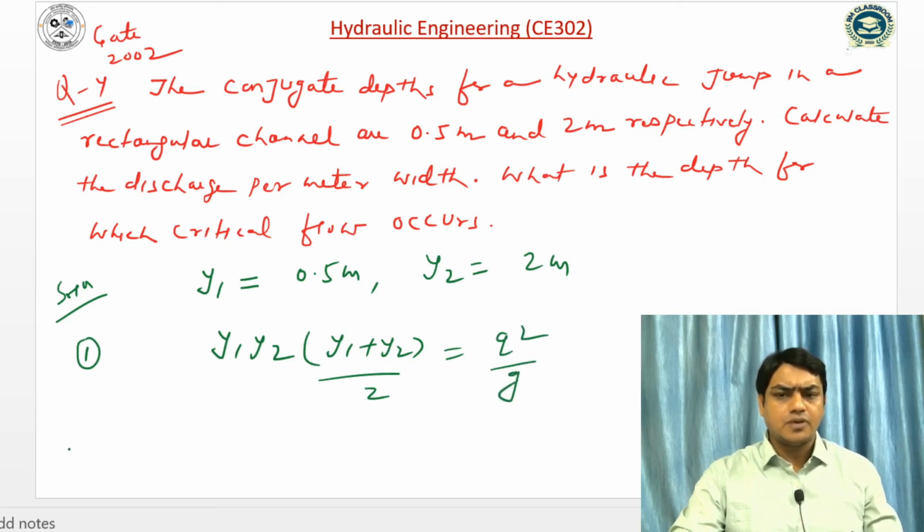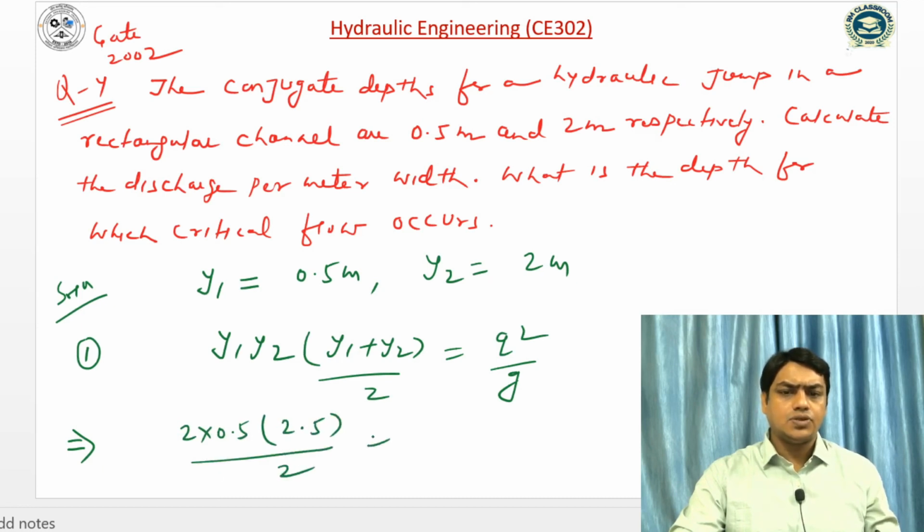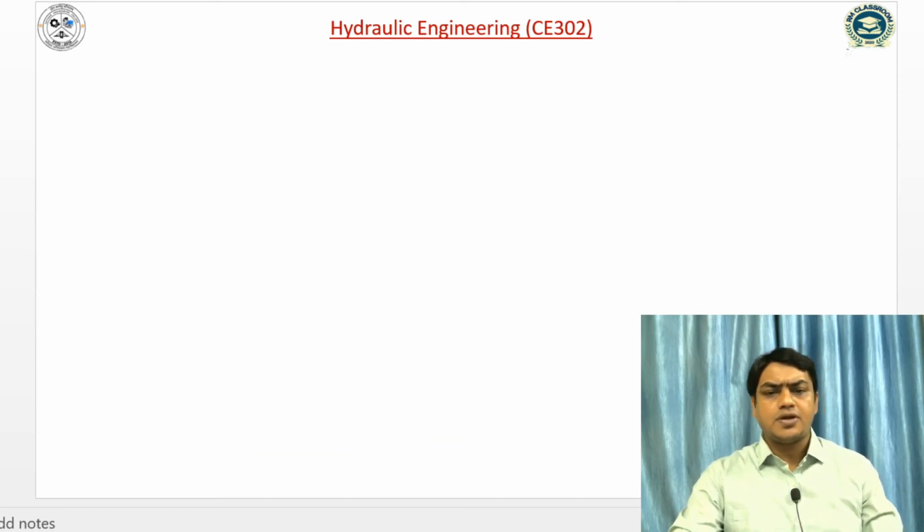So from here we can compute y1 into y2, that is 2 into 0.5 into 2 plus 0.5 by 2. So it is 2.5 divided by 2 is equal to q square by 9.81. So 2 into 0.5, it is 1. So 2.5 into 9.81 divided by 2 is equal to q square.